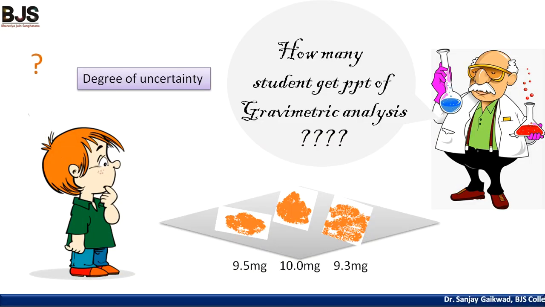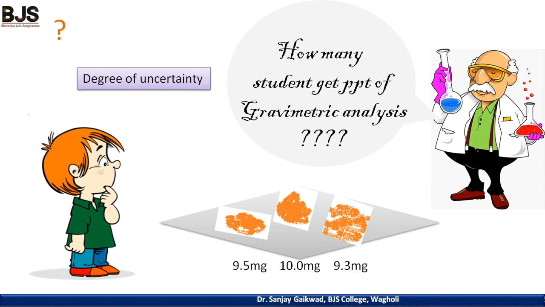Generally, when students do practicals in the laboratory, for example a gravimetric analysis experiment, the teacher asks the students how many got precipitate and what their results are. We observe that the students get results with uncertainty.